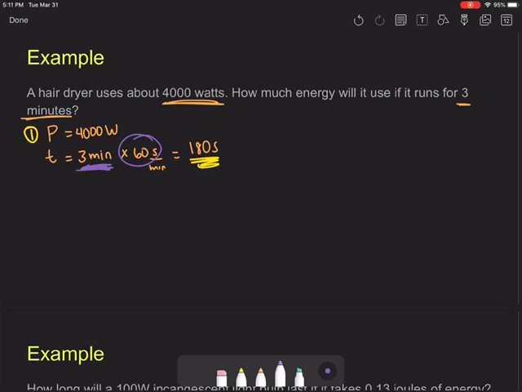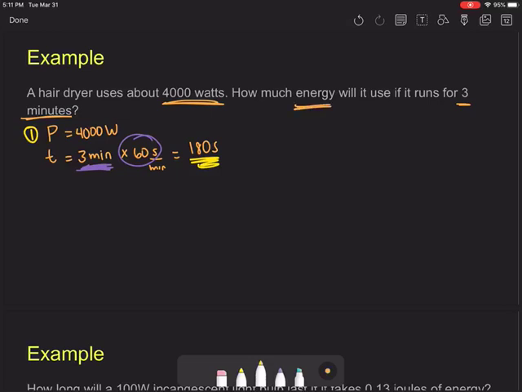You can multiply or divide, but ask yourself, does this answer make sense? If I took 3 and divided it by 60, I would get 0.05, and it doesn't make sense to have 0.05 seconds in 3 minutes.